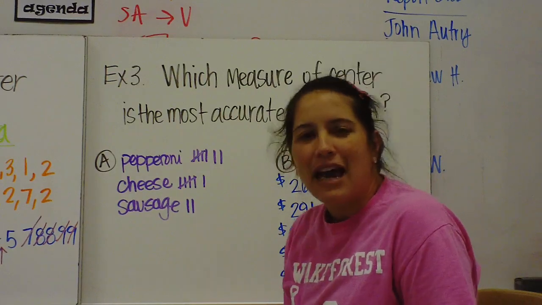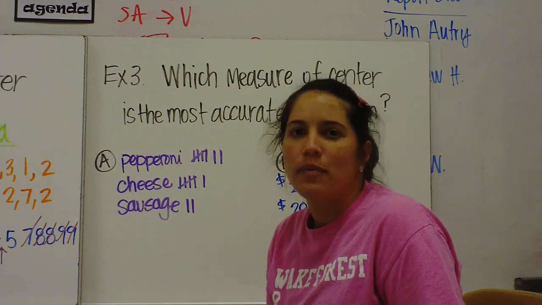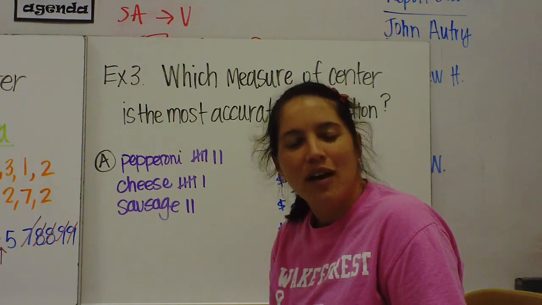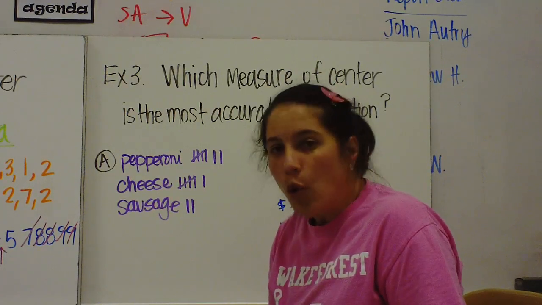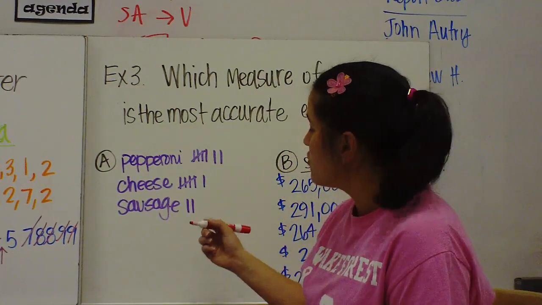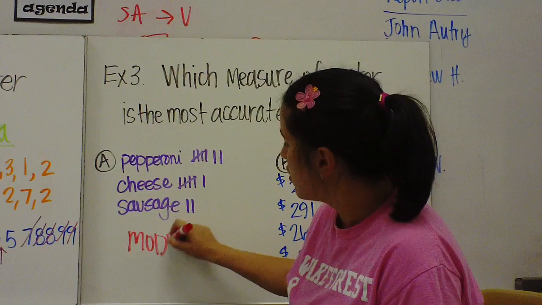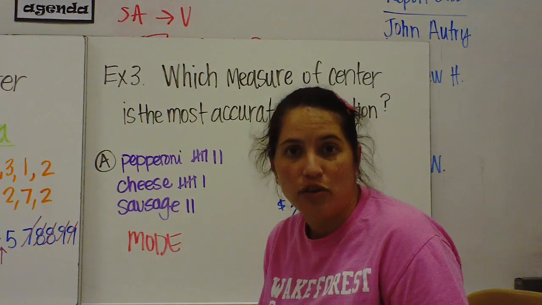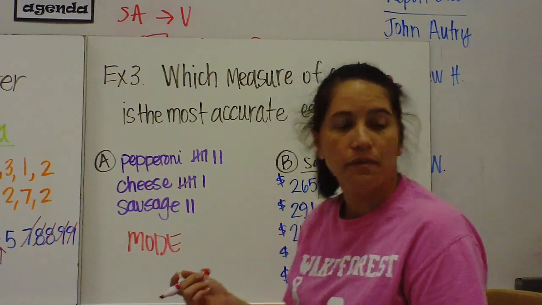Well, the mean, how can you add up pepperoni plus cheese plus sausage? You can't add up pizza toppings. And you can't order pizza toppings. How would you order them from least to greatest? You cannot. So this would be mode because it's non-numerical. Pizza toppings are non-numerical, so you would use the mode.